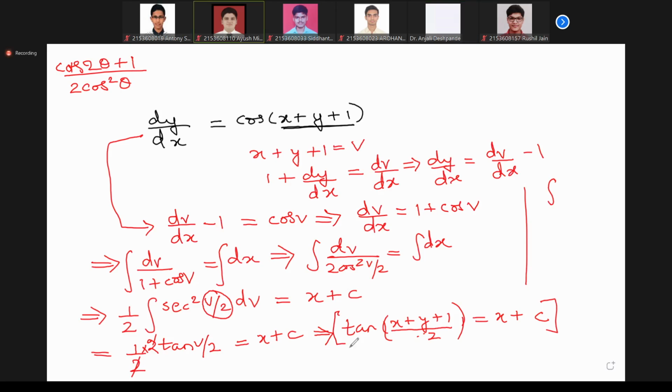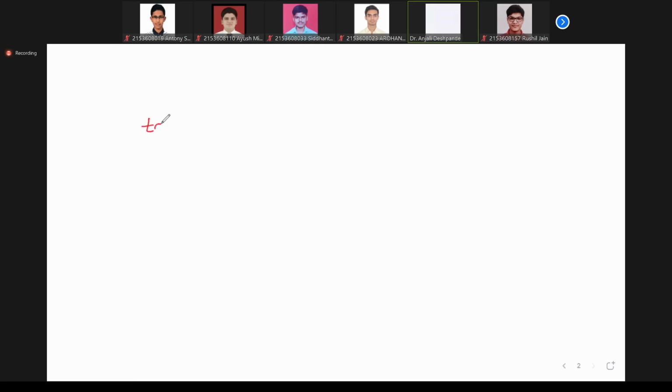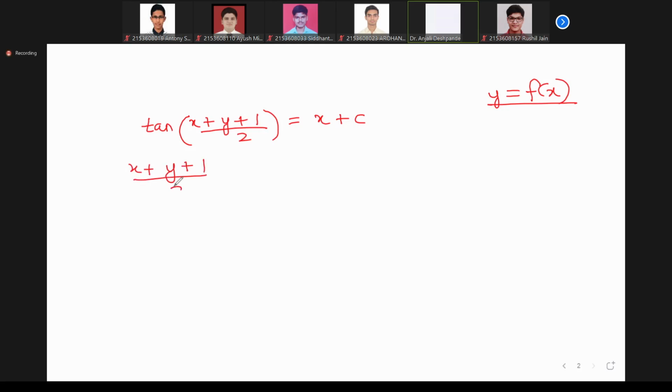See, suppose we have got this answer over here. Let me just show you, if somebody wants to simplify more. Now we got this answer is equal to x plus c. Now suppose somebody is desirous of expressing the answer in the form y is equal to f(x). What you will do? (x plus y plus 1) divided by 2 is equal to tan inverse of (x plus c).